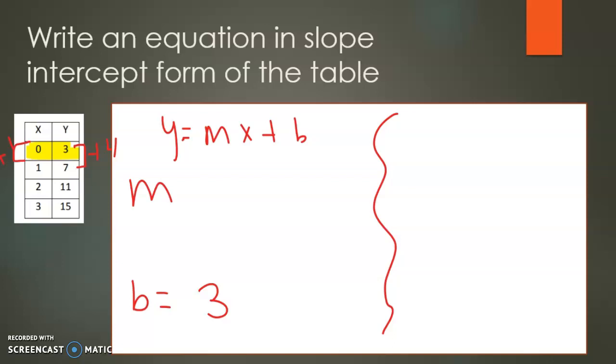And so my slope is 4 over 1, which is 4. If I do it down here, that is also plus 4, and that is plus 1. It's the same thing the whole way down the table. So my equation is y equals 4x plus 3.